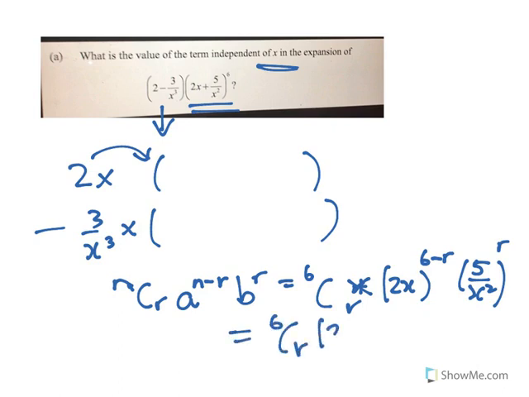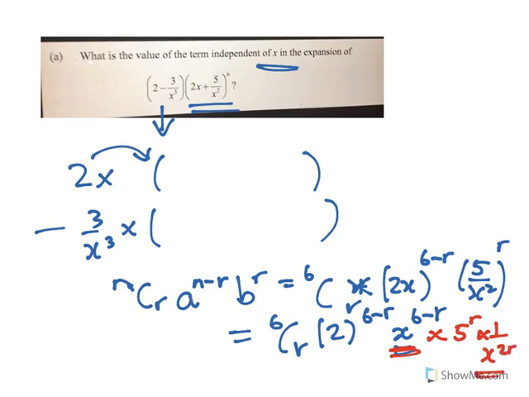I'm just going to rearrange that and put it in a better form. So you've got 2 to the 6 minus r. I'm going to take the numbers out so that I can get all the x terms together. Now there's more x terms here, so I go 5 to the r times 1 over x to the 2r.